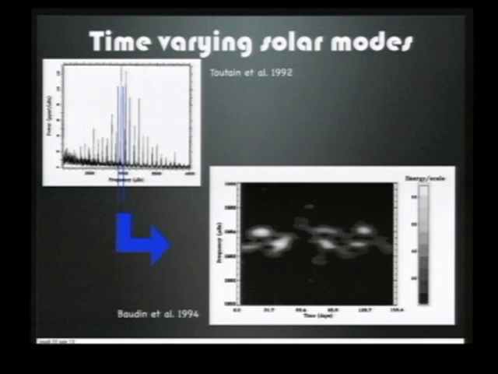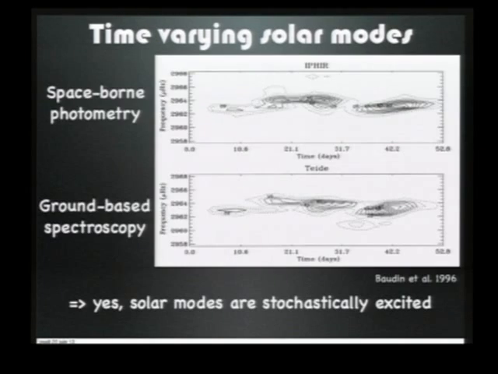So not everybody was convinced by this, because one problem when doing this is the influence of noise. So we used completely different data sets, but simultaneous. So again, IPHIR, which is space-borne photometric measurements of the intensity of the Sun, and also ground-based Doppler measurements of the oscillation of the Sun.